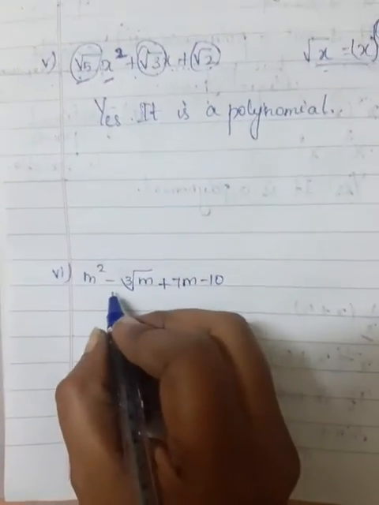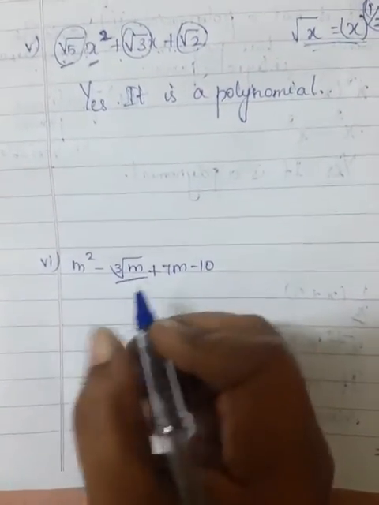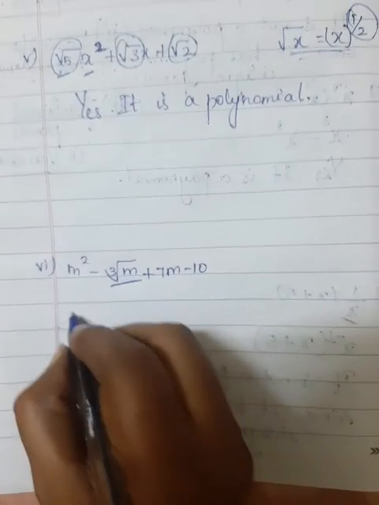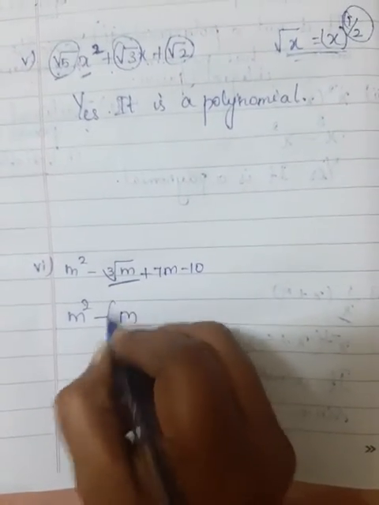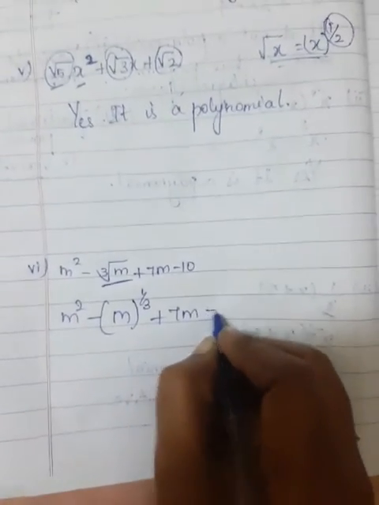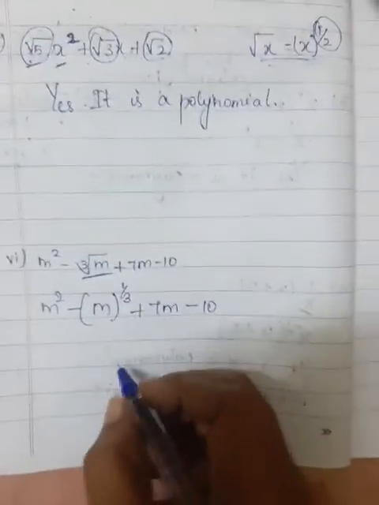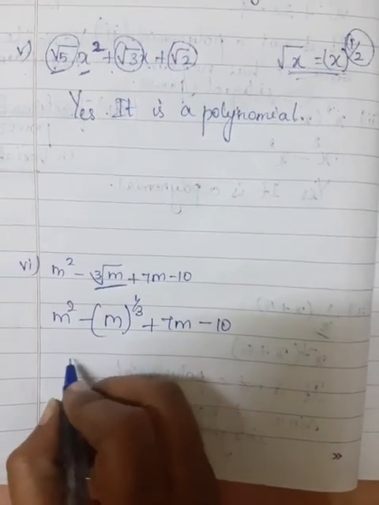so next see here, m square minus cube root m plus 7m minus 3. So just பார்த்தோன்னே தெரிஞ்சிருச்சுல்லாமா, நமக்கு இது எப்படி வரும், m square minus cube root m, you can write it as m power 1 by 3, right? So already what we have told, power should not be there in fraction form. So fractional powers இருக்கறதால, it is not a polynomial.